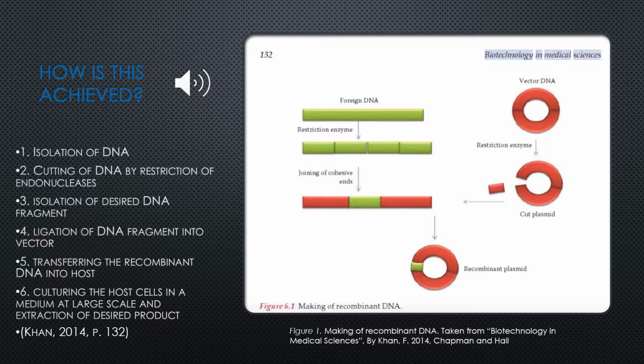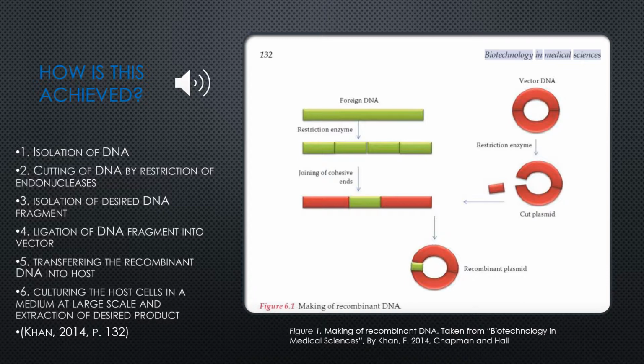So how is this process actually achieved? This process is achieved through a variety of steps. In step 1, rDNA technology first begins with isolating the gene of interest. Next, it is inserted into a vector, where the vectors are then further cloned into multiple copies.